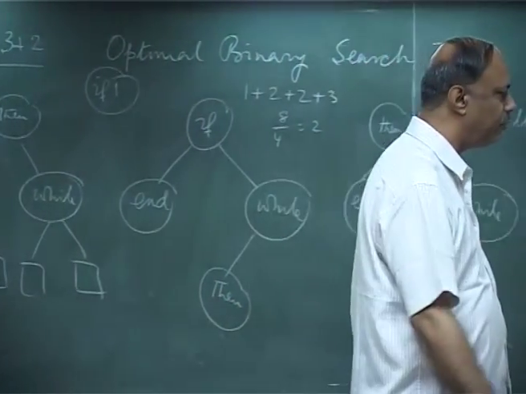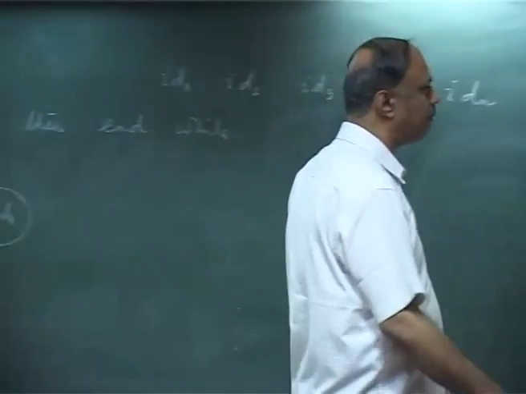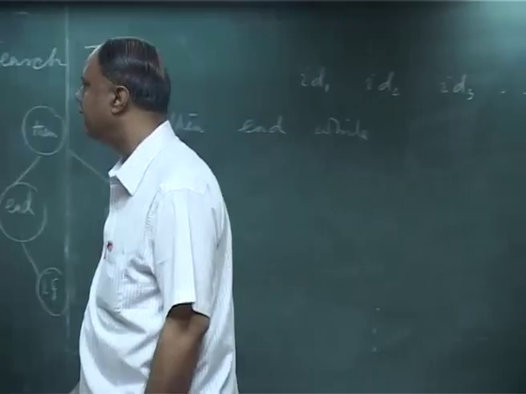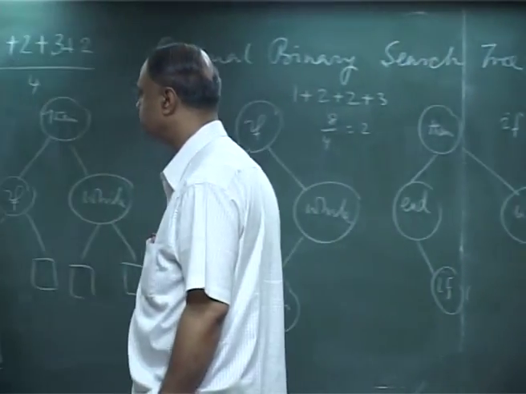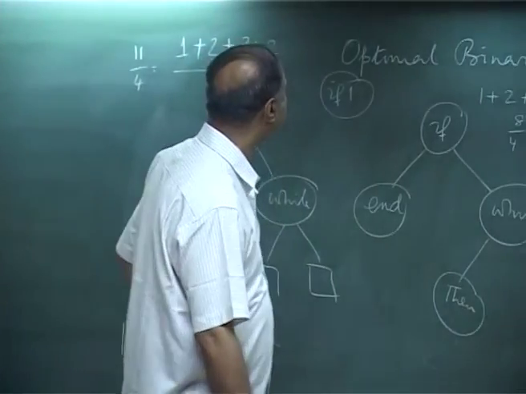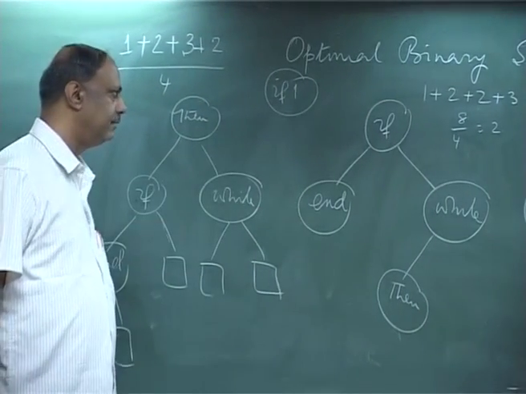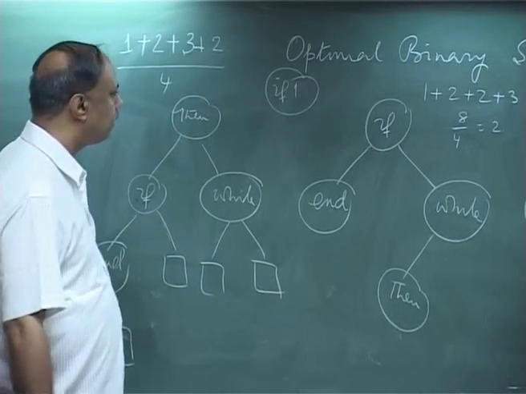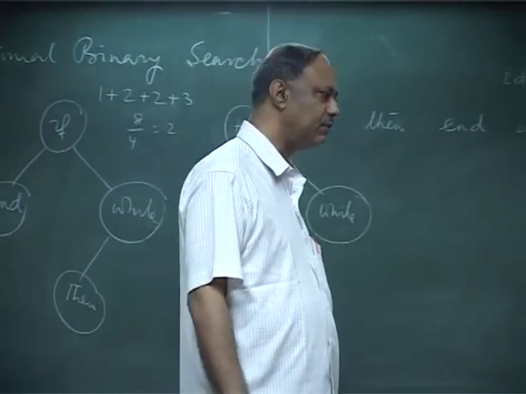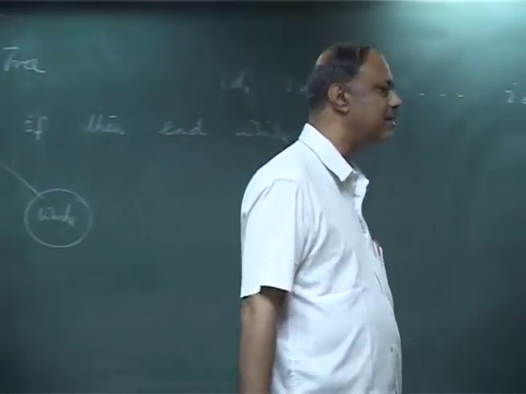Now here we assume that all of them are equally likely, and also we assume that it is only a successful search. But what happens in reality? Suppose I go for "if" one, then it becomes a failure, right? So we are assuming that they are equally likely, which is not correct because it depends upon the programmer.